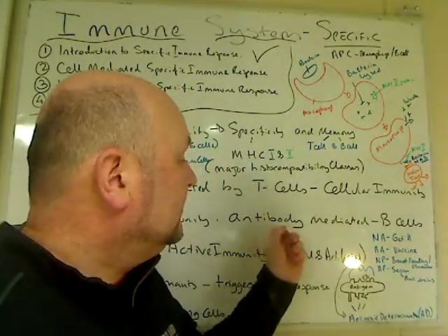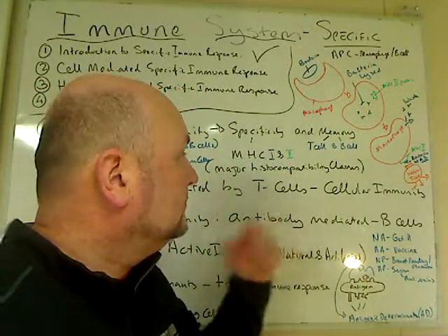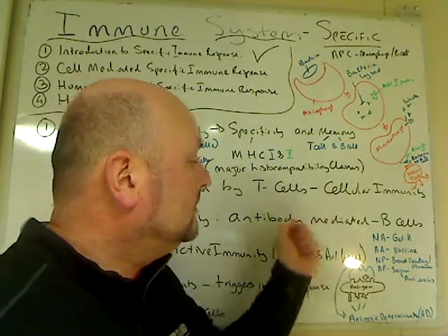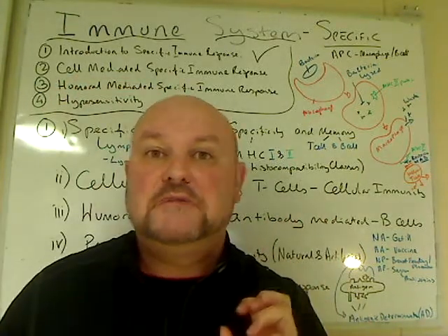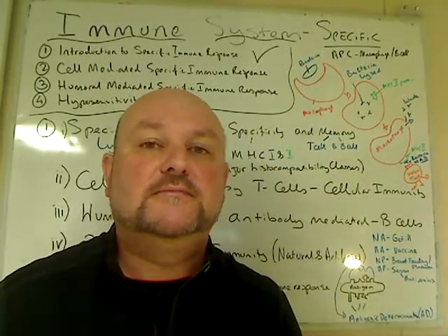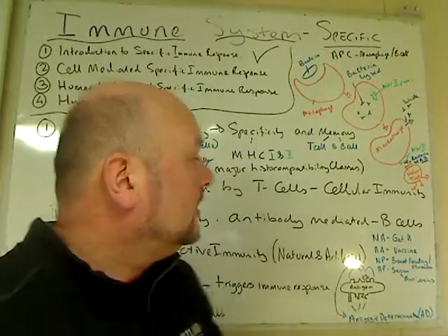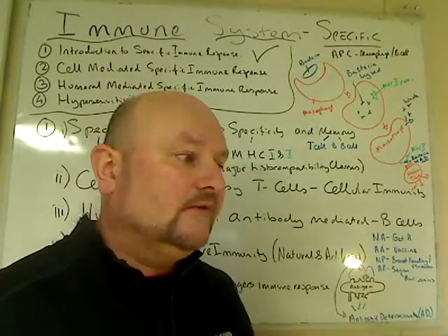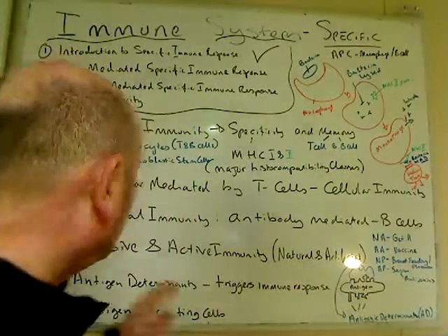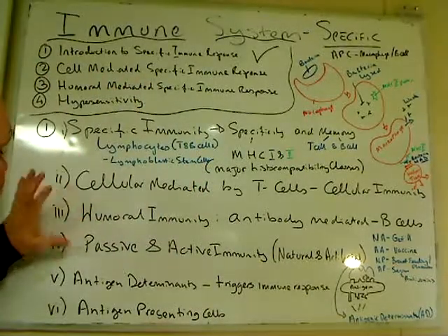And we'll see that in the third of these specific lectures, this being the first. And antibody means it is something that is like a tag you just stick onto the offending person, like a kick me sign, and then everyone else crowds around and gives them a kick. So that's our cellular and our humoral.